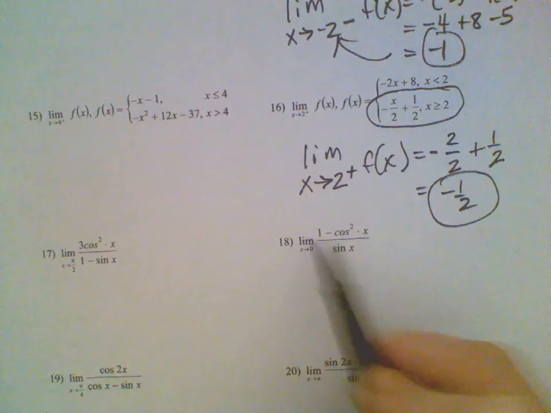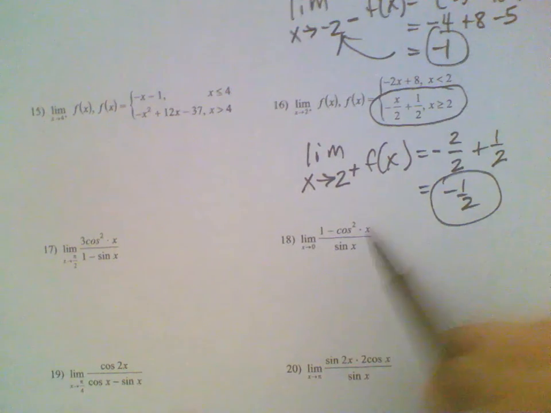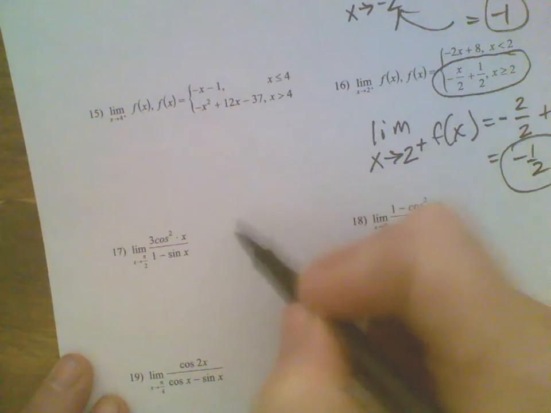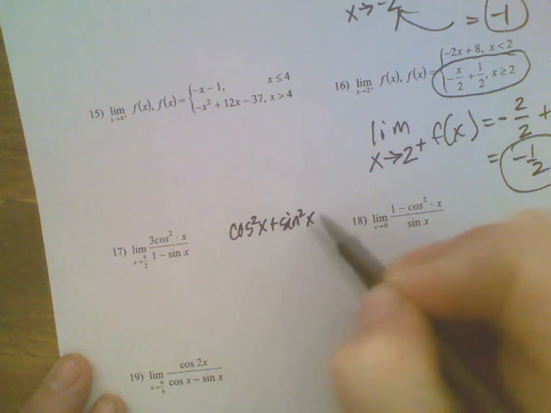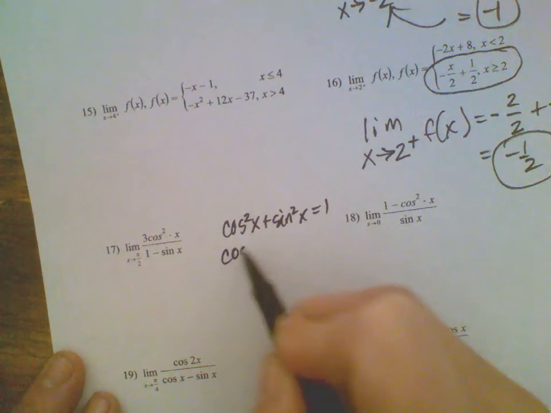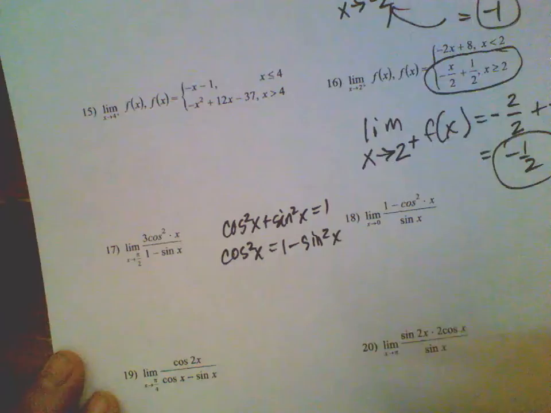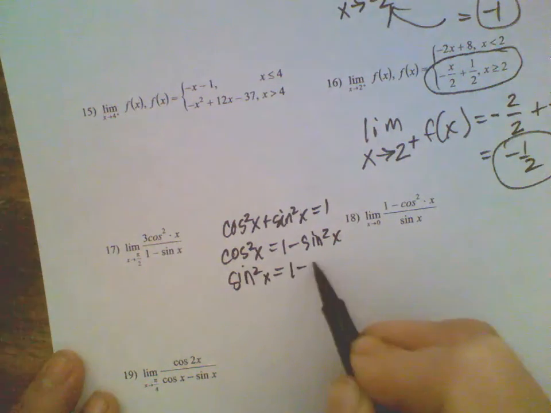So right here, 1 minus cosine squared, and I'll write them down again, here are the Pythagorean identities. We have cosine squared plus sine squared equals 1. We also have cosine squared equals 1 minus sine squared, and we have sine squared equals 1 minus cosine squared.